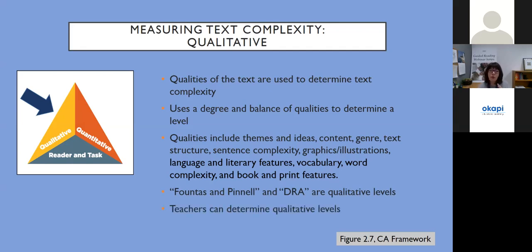And one of the things I think that's super important about qualitative measuring is that teachers can determine qualitative levels. If you are aware of the qualities, it enables you to look at those features and think about how those look in relation to the text that you're using and the students that you're working with as well.